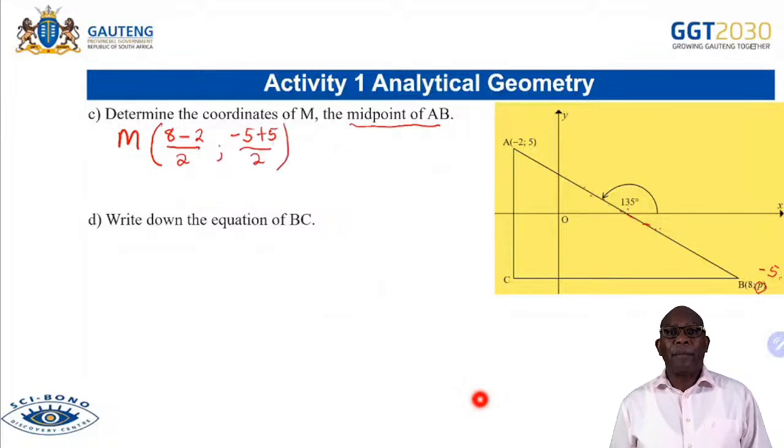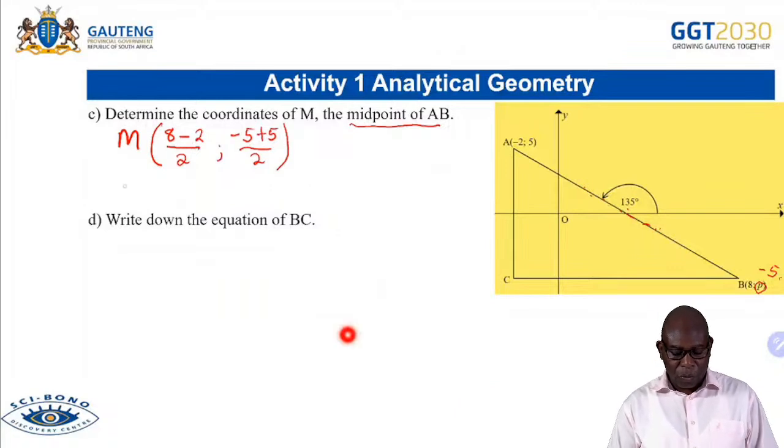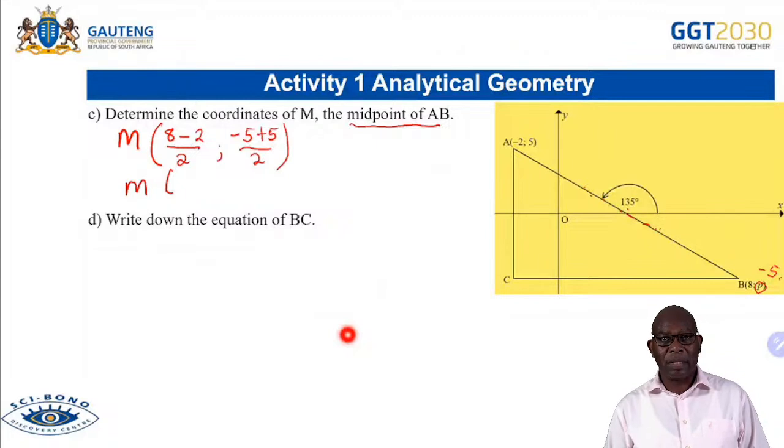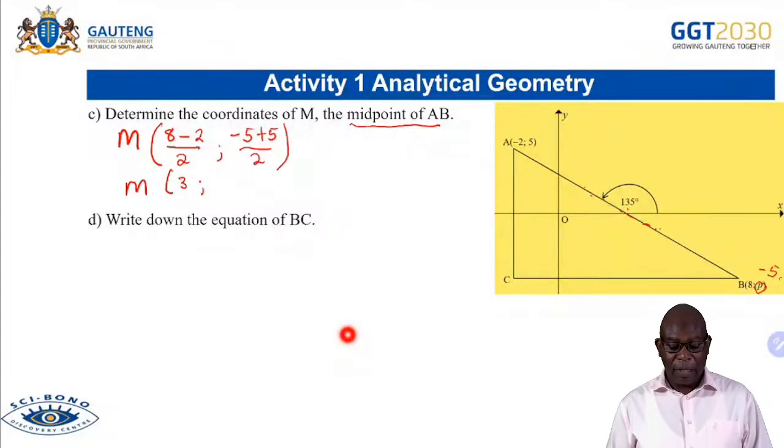Remember, the midpoint is plus. It's x1 plus x2 divided by 2, and y1 plus y2 divided by 2. So my midpoint there will be 8 minus 2, which is 6. 6 divided by 2 is 3. -5 plus 5 is 0. 0 divided by 2 is 0.